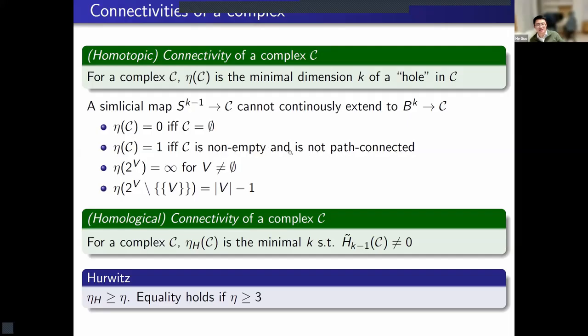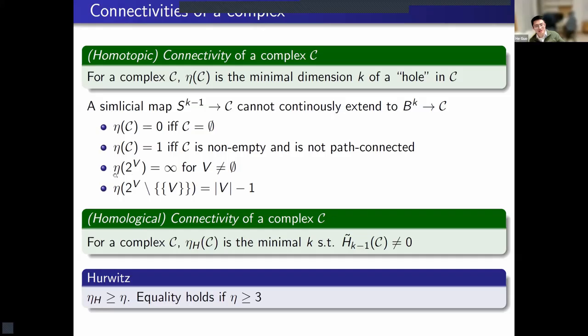You can check that if it's not path connected, then you can take one vertex from one component and another vertex from the other component. Because S0 is just 2 points, you map this point to this point and the other point to this point. You cannot extend to B1, which is a line segment, into C. So that's why the connectivity of this one is equal to 1.